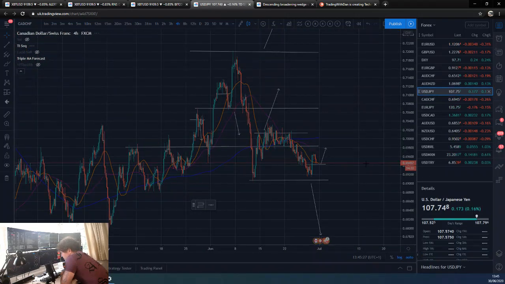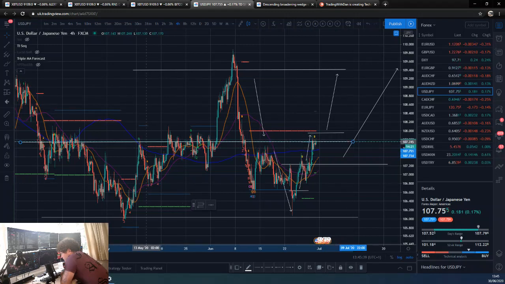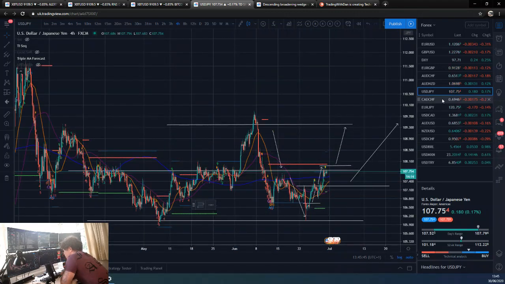If I just go back to that, this horizontal here is very close to where we are now anyway. We could probably just move that along a bit and adjust it a little bit. Kind of is where we are. Maybe that's going to be an important horizontal going forwards.